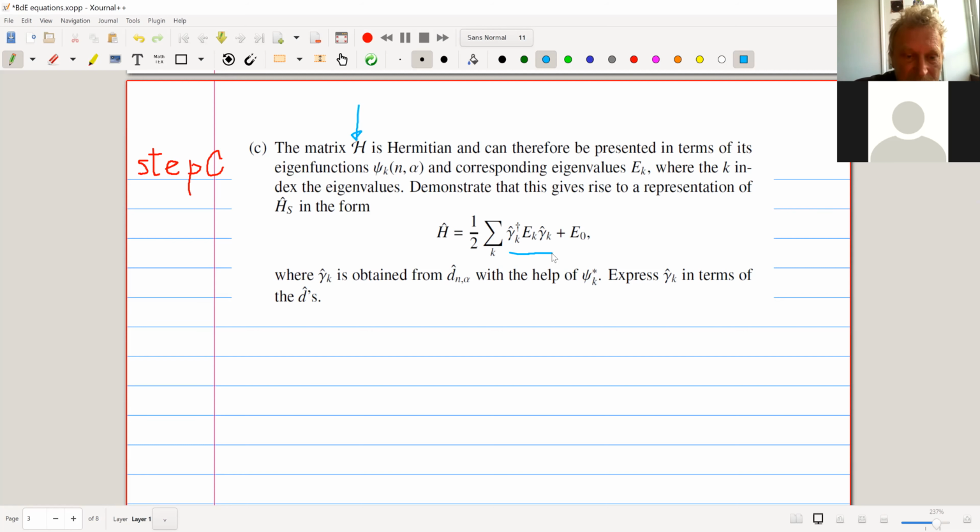So this matrix H works on eigenfunction F, and F depends on n and also has electron hole components, right? And it gives F with index k, and it gives energy corresponding to k, right?